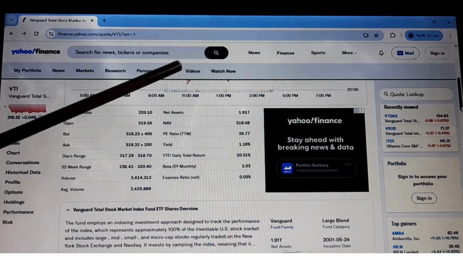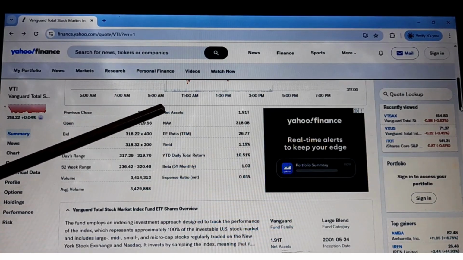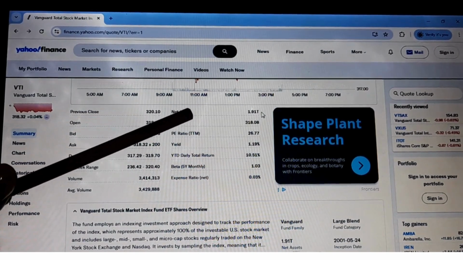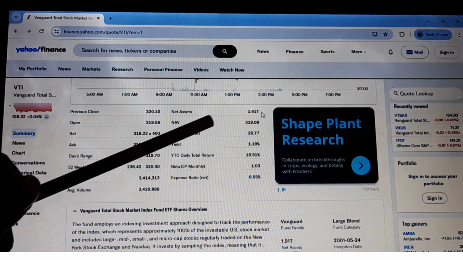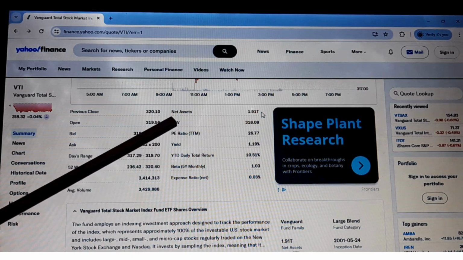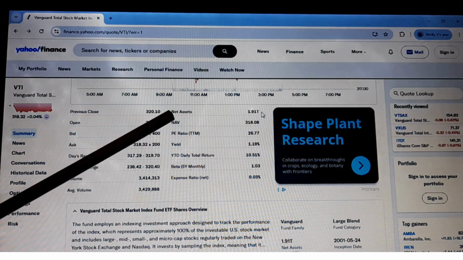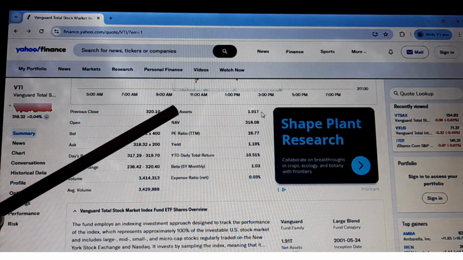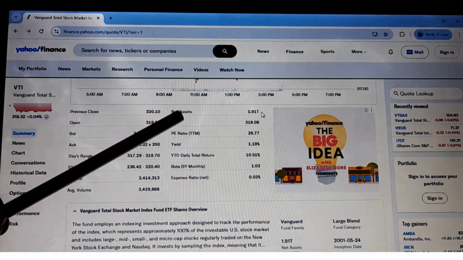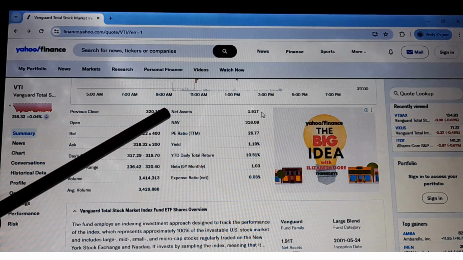explaining this part where we have the net assets. When you come to the net assets here, where you see the 1.91 trillion, that is the total value of all money in the fund. So when this net value is big, it means that many investors trust it and it is low cost.